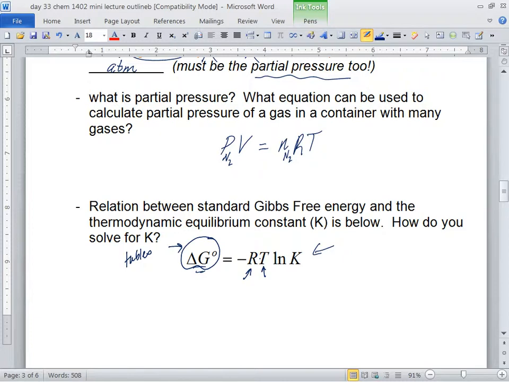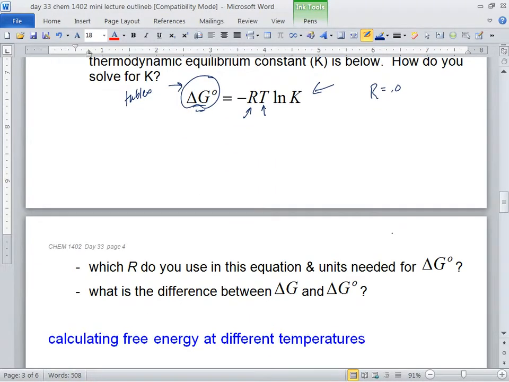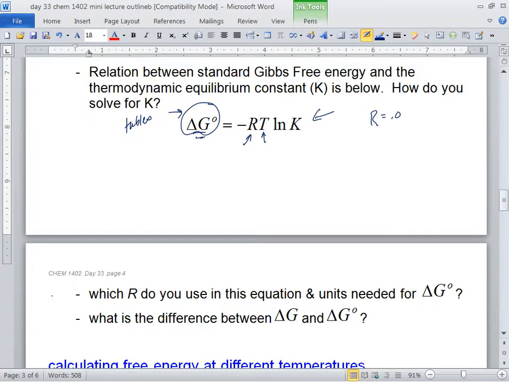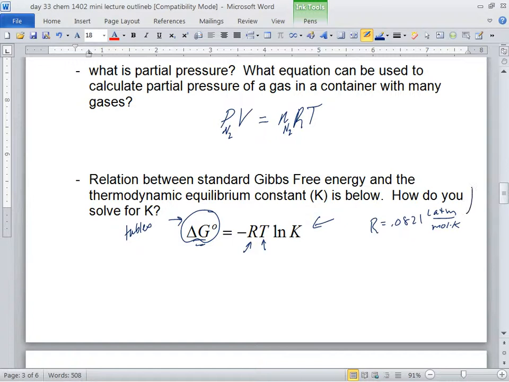Now, because there are these different choices for R. Is that coming up down here? There it is. We're talking about this one. Liter atmospheres over moles Kelvin. This is the nice R to use up here, because then it's obvious what to use for the units for everything, right? But if you do remember the tables, what are the typical units for delta G0?